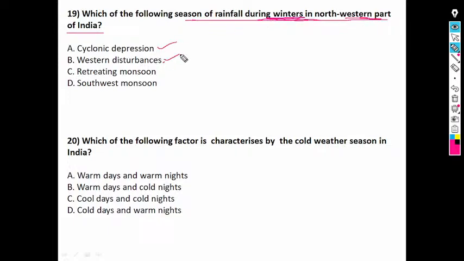Cyclonic depression, western disturbances, retreating monsoon, and southwest monsoon.